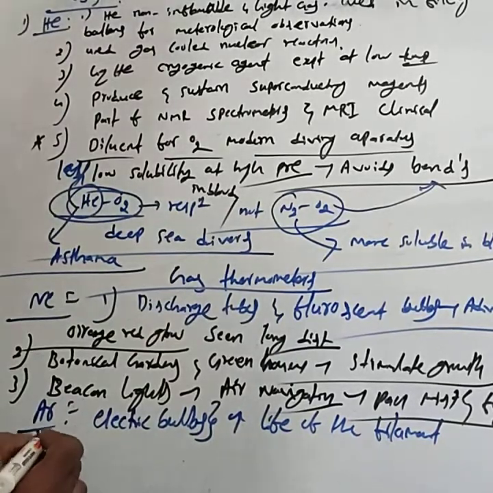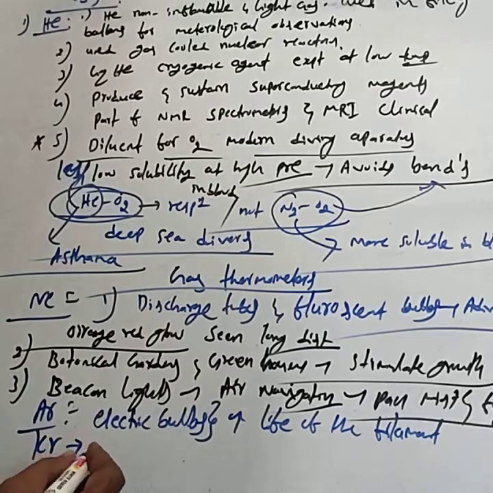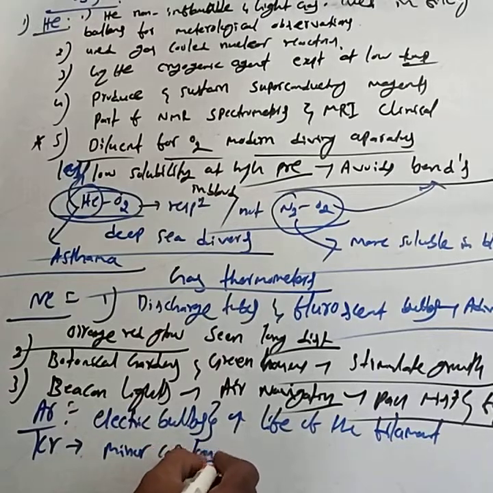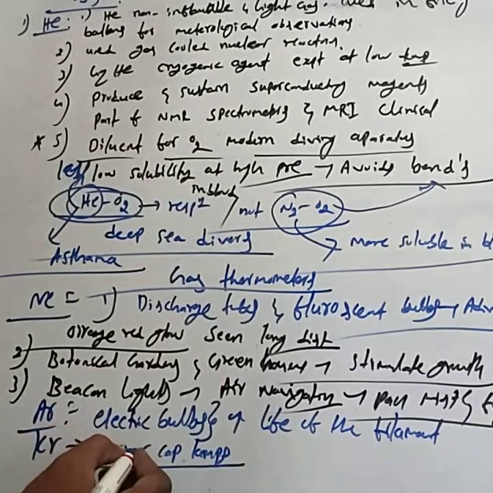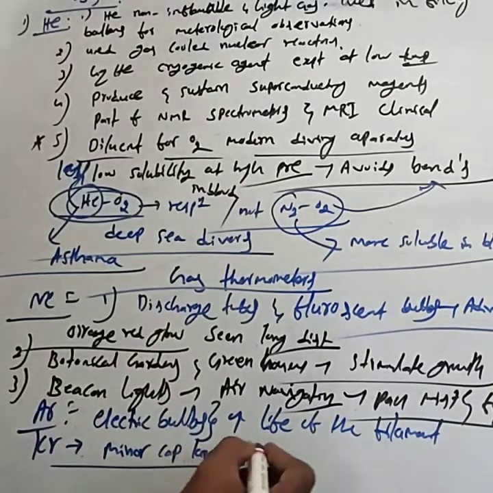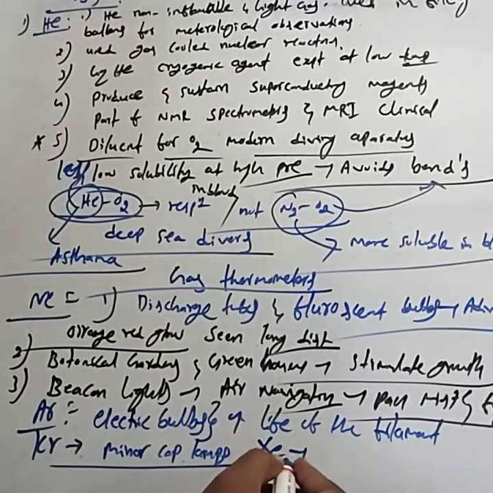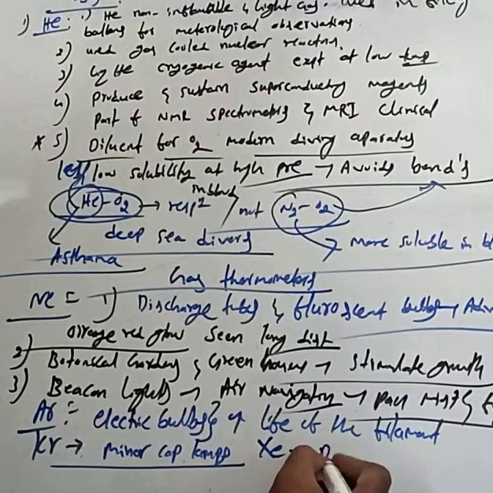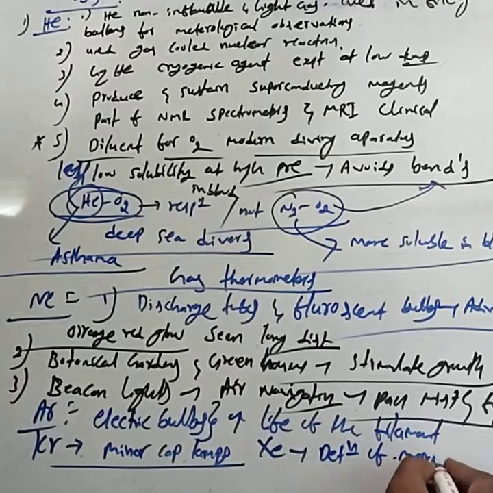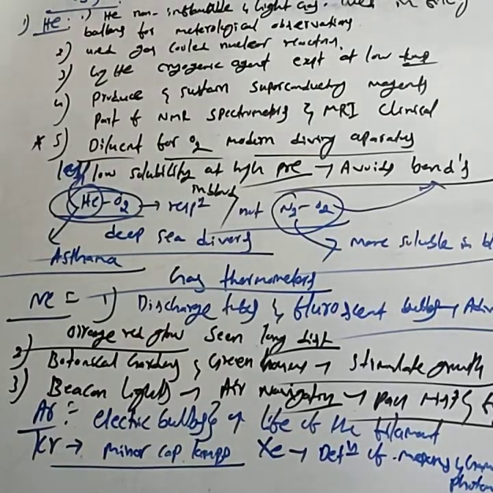Krypton is used in high efficiency miner cap lamps in mining. Xenon is used in research laboratories for the detection of mesons and gamma photons.